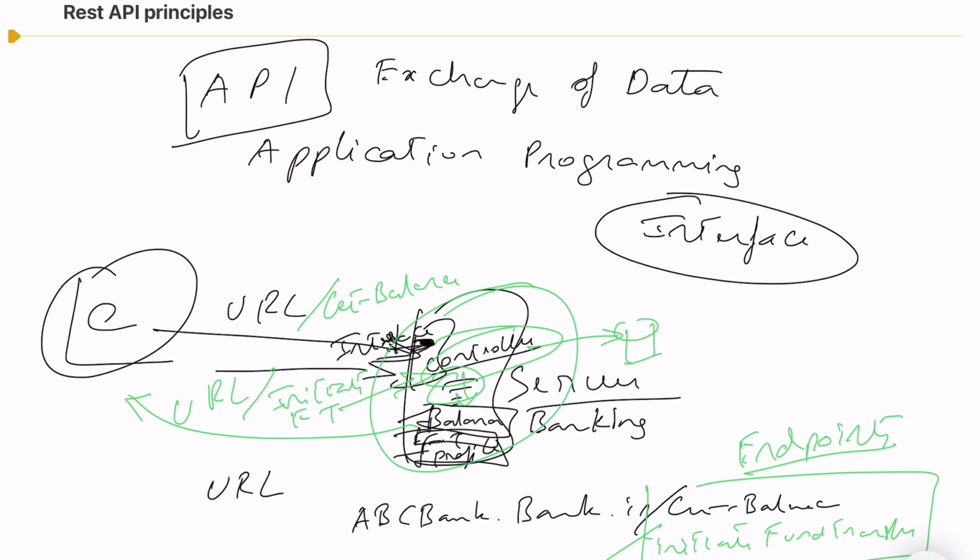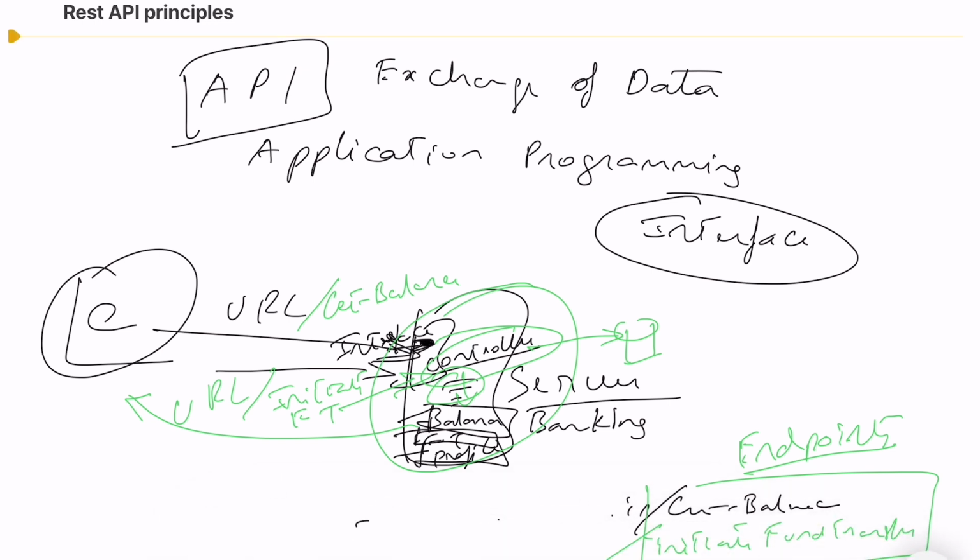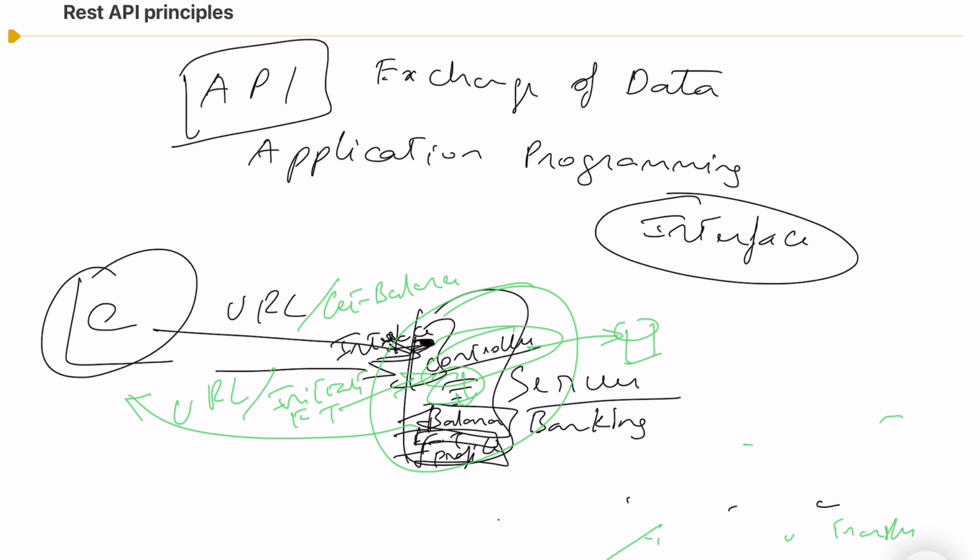REST is nothing but a kind of a contract, by the way, an agreement between two systems. What it expects, I should say, is that there are 3 to 4 nuances around it. I'll just rub this off.